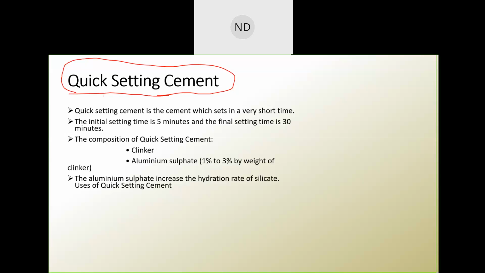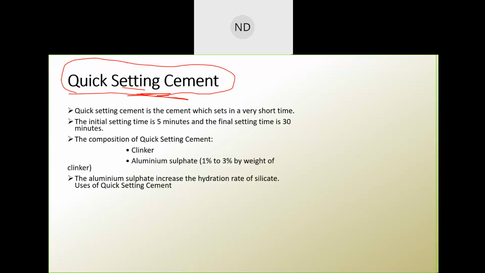It is not going to deshape because it is quick setting, right? It sets fast. But you have used this quick setting cement, and there is a load suppose coming on that particular member where you have used it.